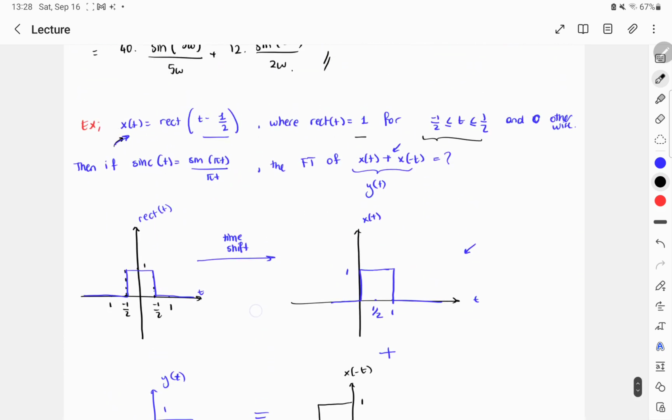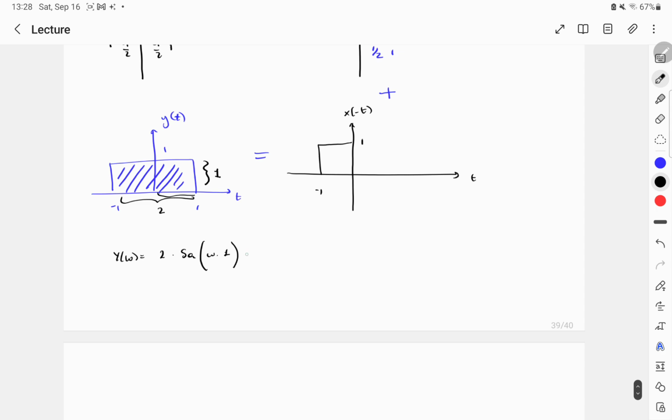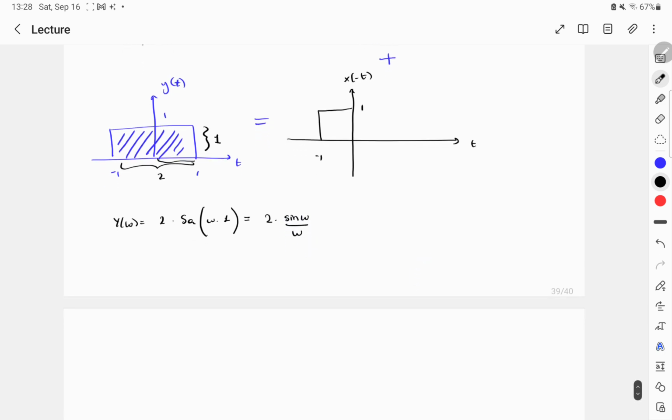But in the question, as we can see, we are given another piece of information which we can make use of. This is basically equal to 2 times sine omega over omega, as we knew. And we need to know another piece of information here in order to make other equalities.